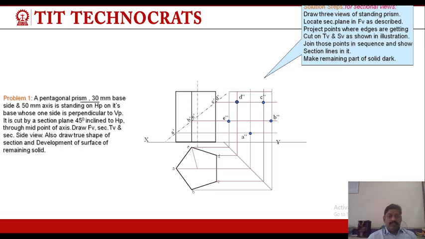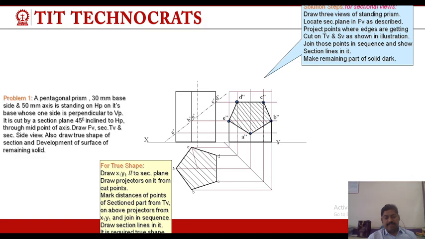Now this is the true shape of the section and development of the surface of the solid. This is the true shape inside of the line, and below the XY line this is the apparent shape.